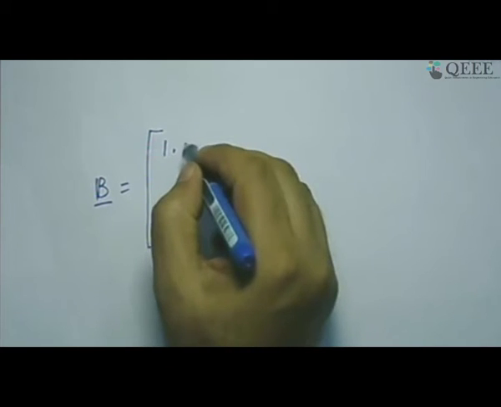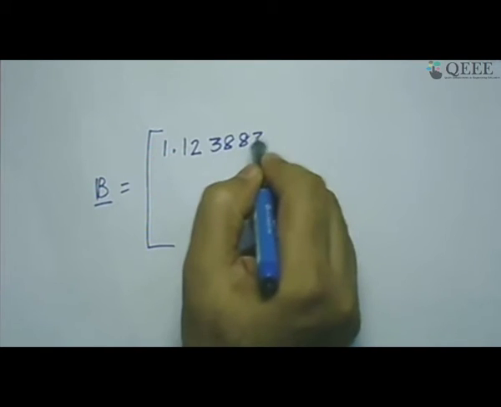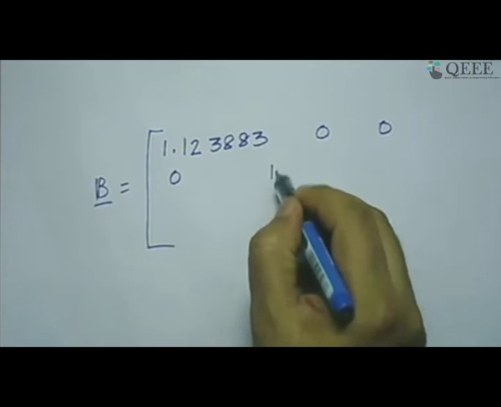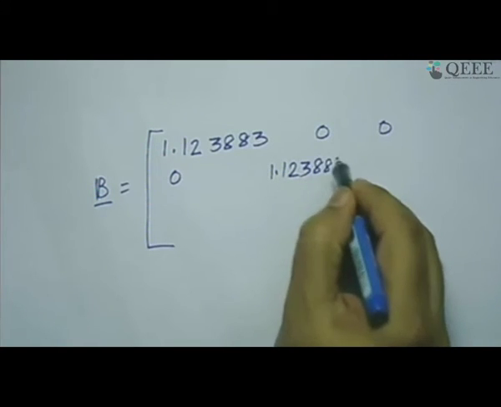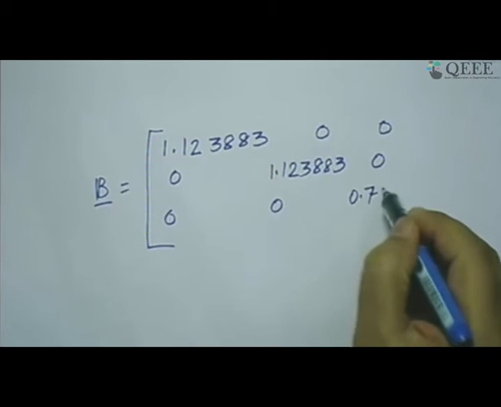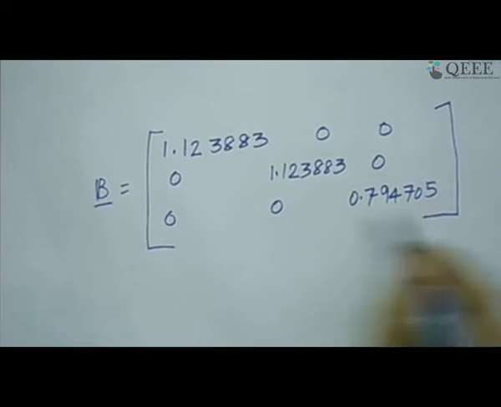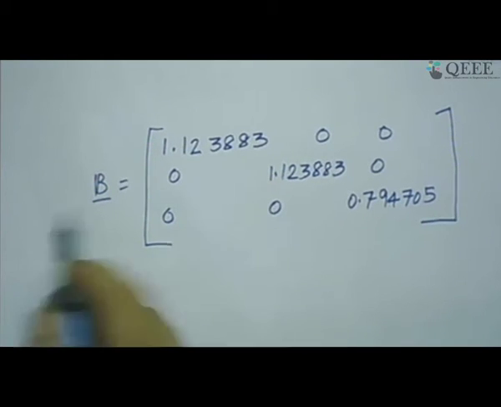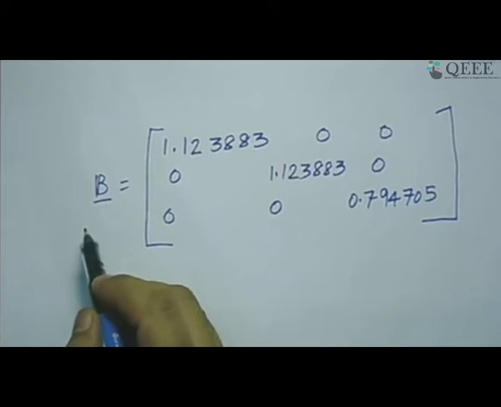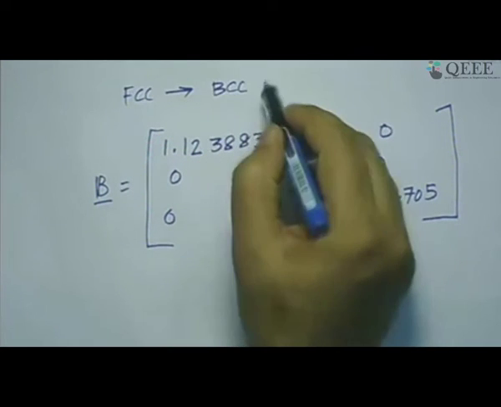It is 1.123883, I have written 1.28, which is wrong, then 0, 0, and 0, 1.123883, 0, 0, 0, 0.794705. So this is the matrix that is known as the Bain strain matrix. This represents the homogeneous deformation when you go from FCC to BCC martensite.